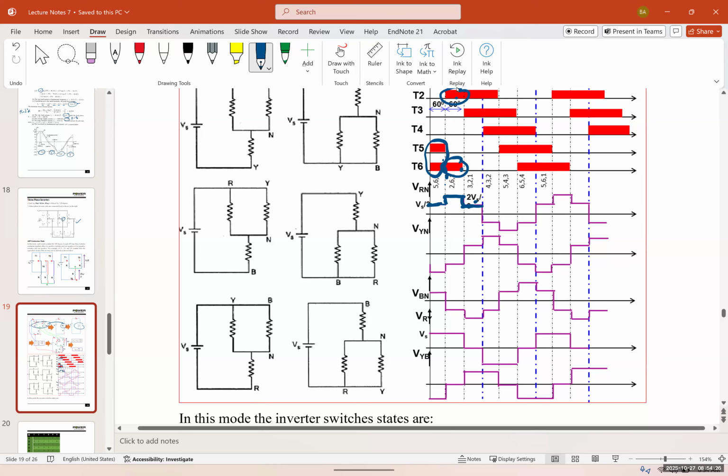The same thing happens here, and then we have the negative voltage coming in. By the way, 2 of them are positive and 1 is negative, or 2 of them are negative and 1 is positive. When you add 2 positive and no negative, you're going to have the maximum voltage. 2 positive and 1 negative is going to be half the voltage, for example, or 3 halves of the voltage.